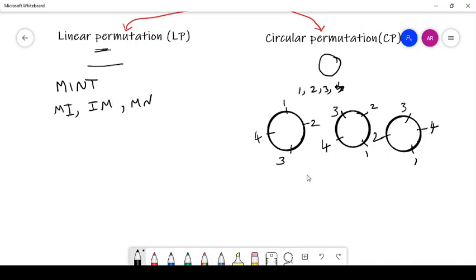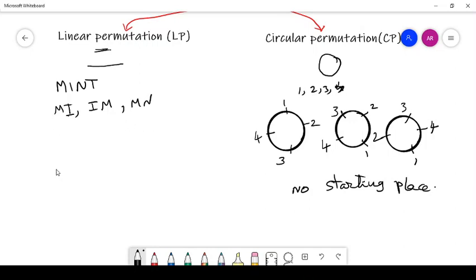Circular permutation has no starting place, but linear permutation has a first place and also a last place.